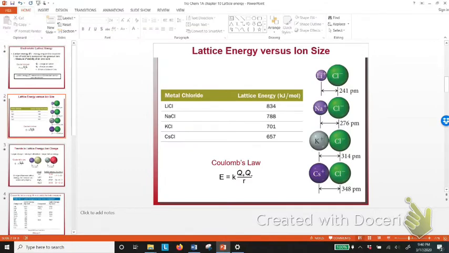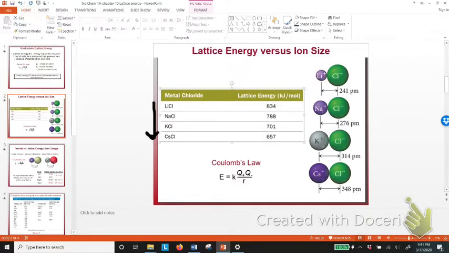So let's look at some examples of how the size affects the lattice energy. Notice there are 4 chlorides listed, so they all contain chlorine, and we're going down column 1 on the periodic table when you look at this table. So going from lithium to cesium, we're going down the column.